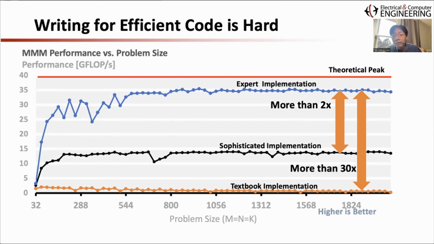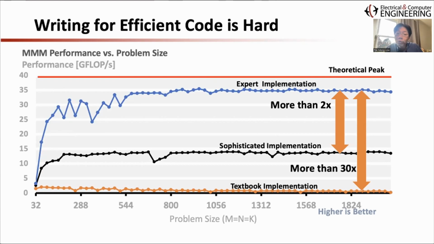And if we implement matrix multiply, we have the textbook implementation, our triply nested loop, that gives us maybe 2% of peak performance. If we spend some time optimizing it, then we get between 30–40% of peak, depending on how much time we want to put into it and how much effort we want to put in.